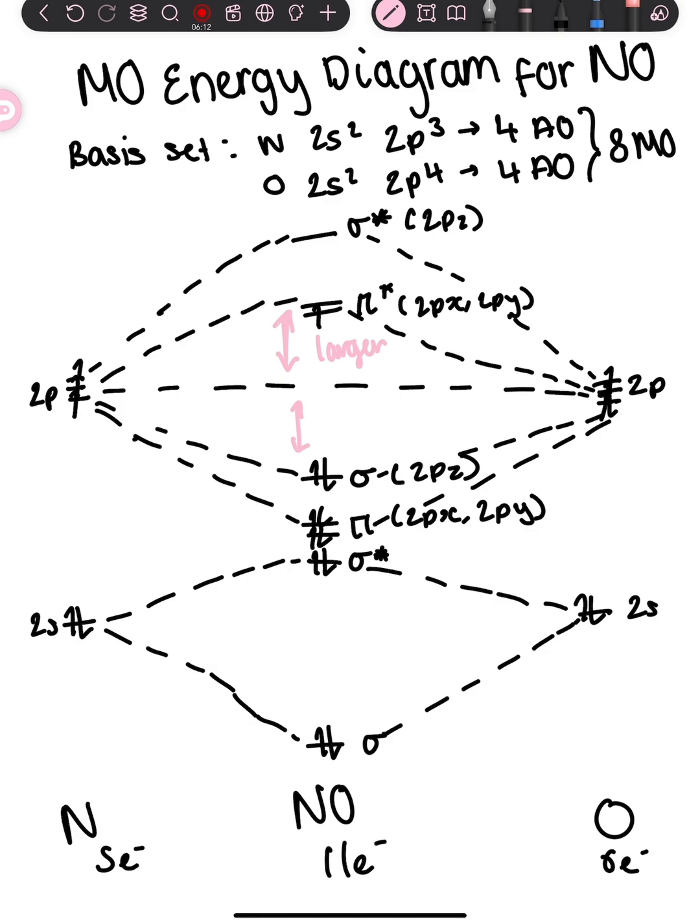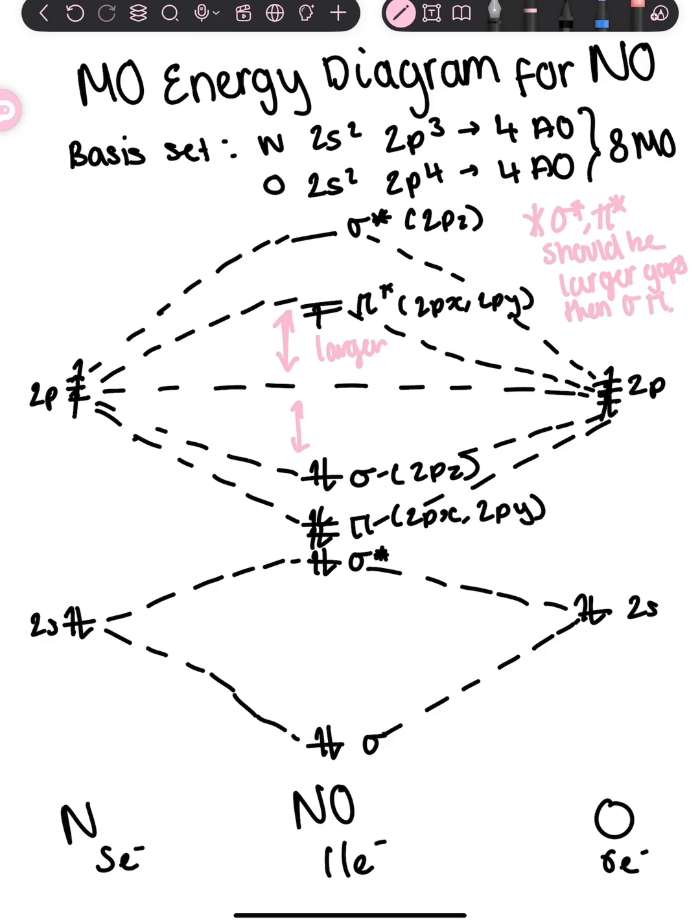But this gap here should be larger than this gap here. However, this isn't always the case when we draw them. Sometimes we don't give enough space for them. So just write a note that antibondings for both pi and sigma should be larger gaps than sigma and pi bonding.